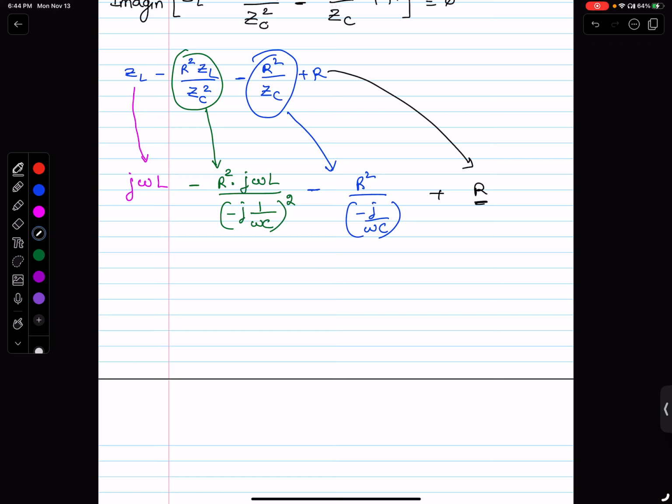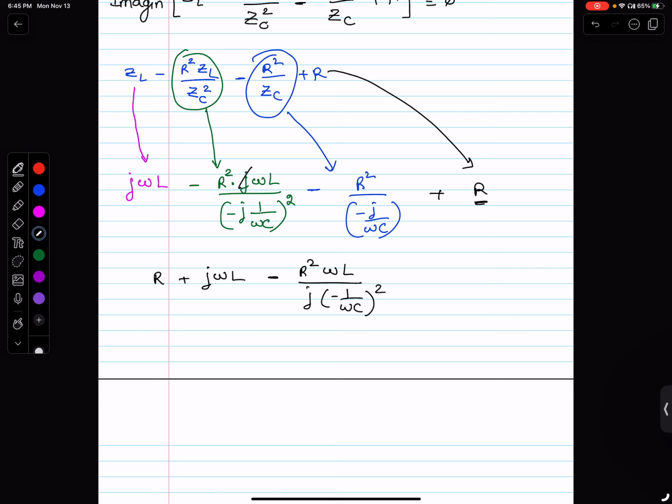I'll take the R out: R plus j omega L, that's coming from here, R is coming from there, right? R plus j omega L, minus R squared times omega L by j into negative 1 over omega C the whole squared. So I have cancelled j once, and the other j in the denominator cancels the j.